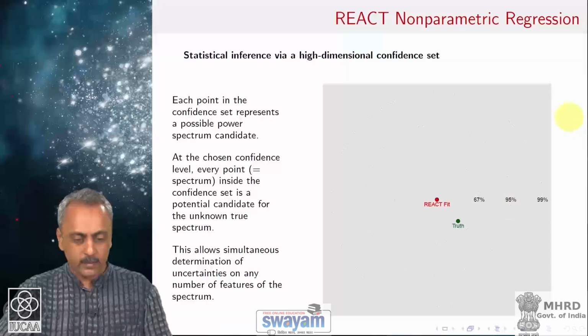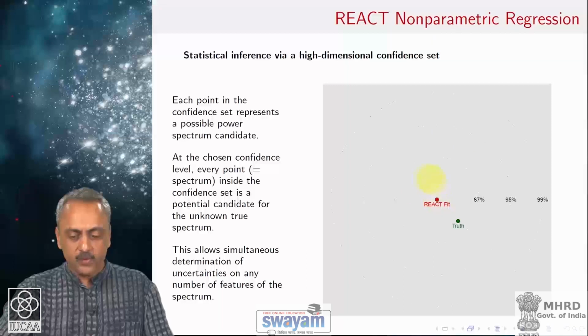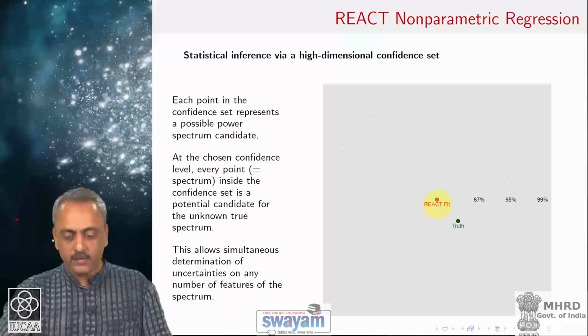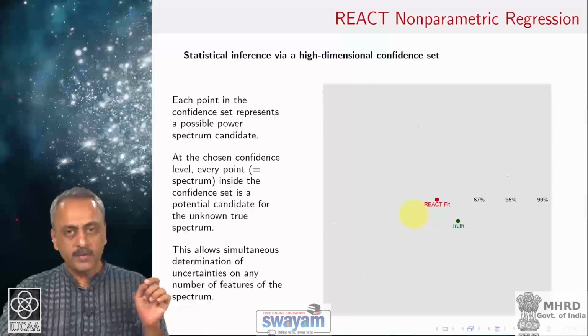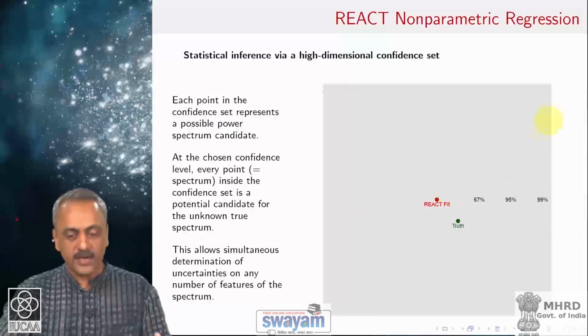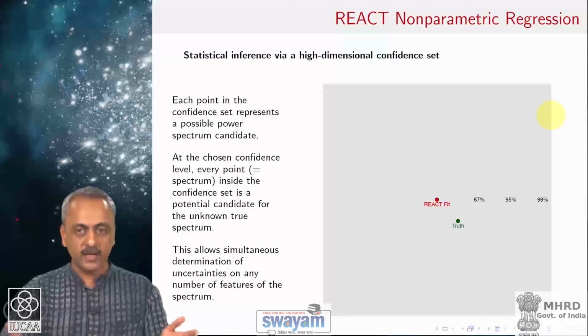Now, the point is, the center of the confidence set is the best fit. Each point in this space represents one power spectrum, which is considered a candidate for the unknown but true power spectrum which underlies the data.